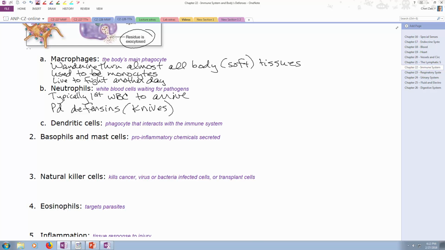Even the defensins that we mentioned up above that are actually part of mucosal surfaces secretions. They go around literally stabbing holes in the pathogen, and then the pathogen will explode because water leaks in and they explode out. The thing about neutrophils, they don't survive the battle, so killed in the process.